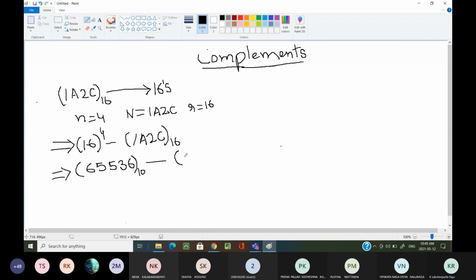Now, what we have to do is convert this decimal number, 65536, to hexadecimal.